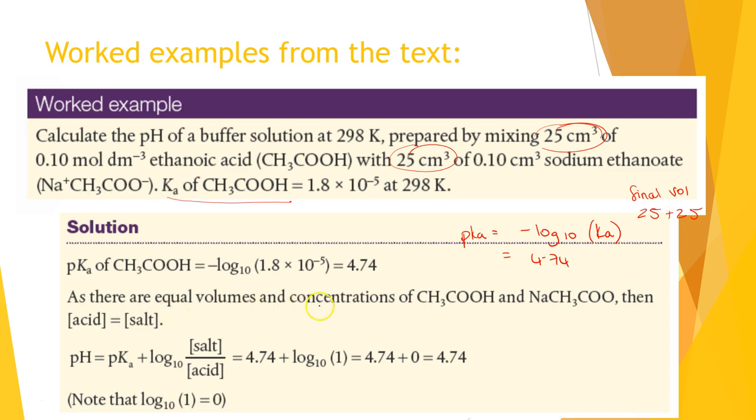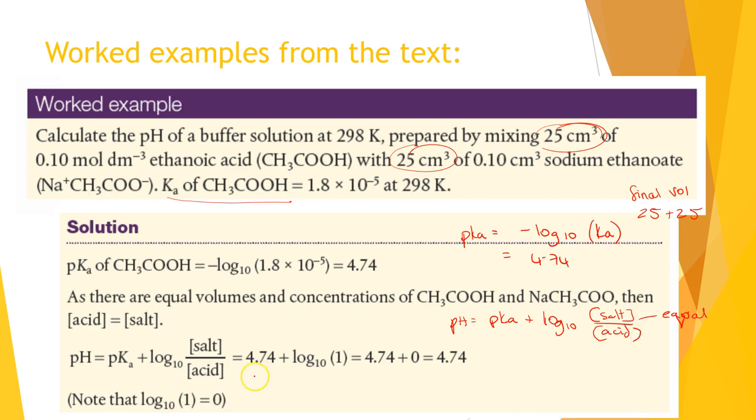We know that there are equal volumes and concentrations of the two, so we can use pH equals the pKa plus log to base 10 of the concentration of the salt over the acid. If these two are equal, then the ratio of the two is going to equal 1.